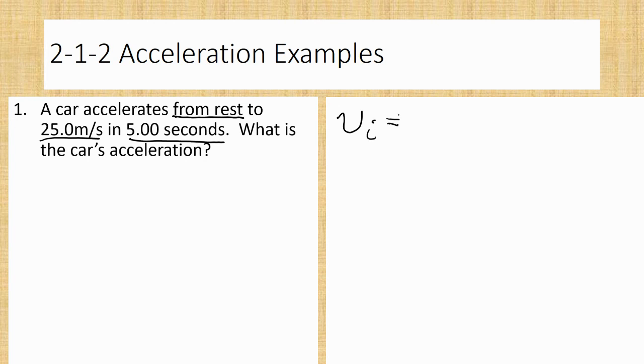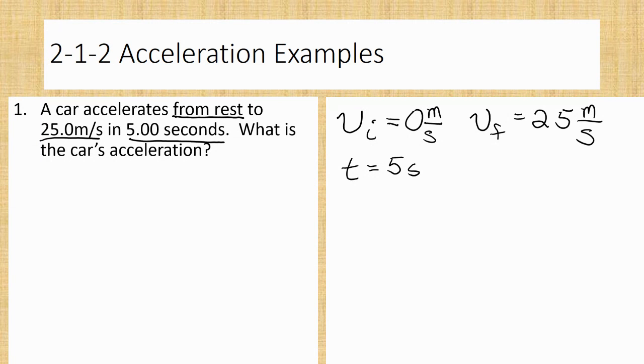So since it comes from rest, that means that the initial velocity is 0. And the final velocity is that 25 meters per second. The initial and final velocities are very heavily based on the context of the question. And the time is given to us in 5 seconds.